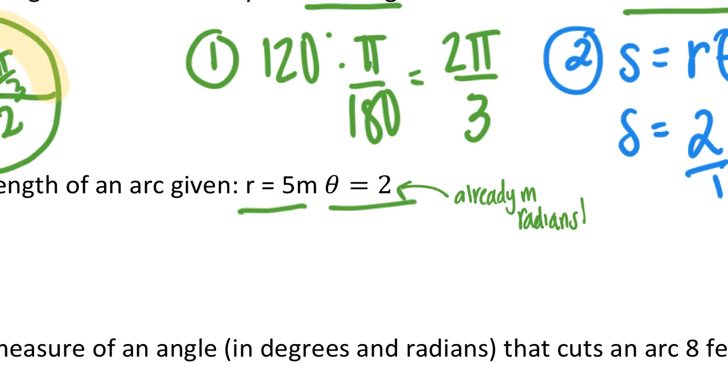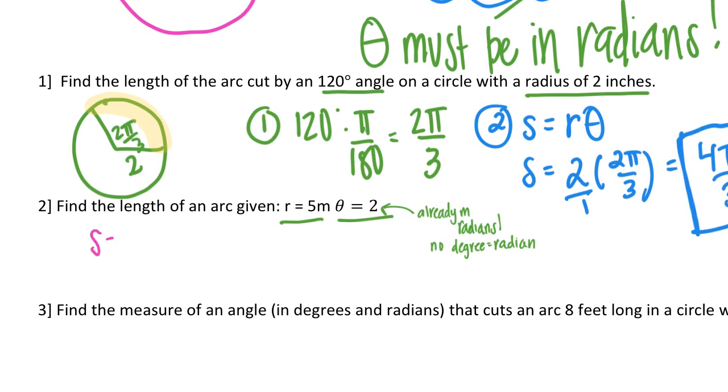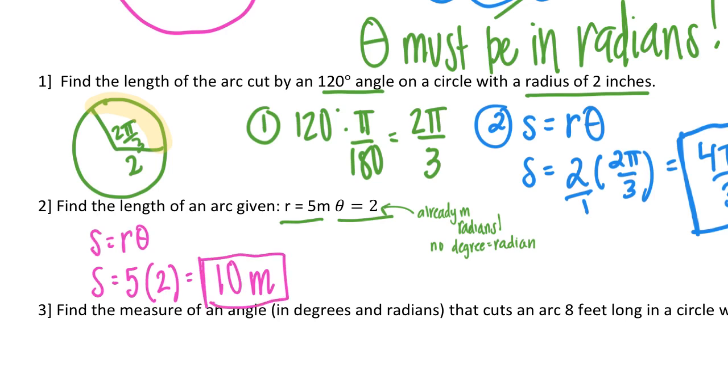We don't have to do any changing. So if there's no degree, it is already in radian form. So we know s is equal to r times theta. The arc length is equal to the radius times theta. The radius is 5. Theta is 2. So we get 10, and it's an actual length, so make sure you're putting your label on there. 10 meters.